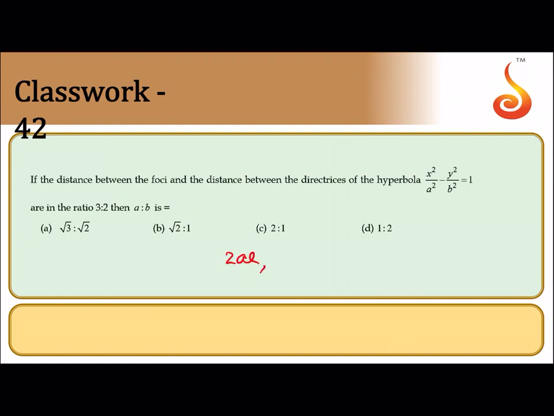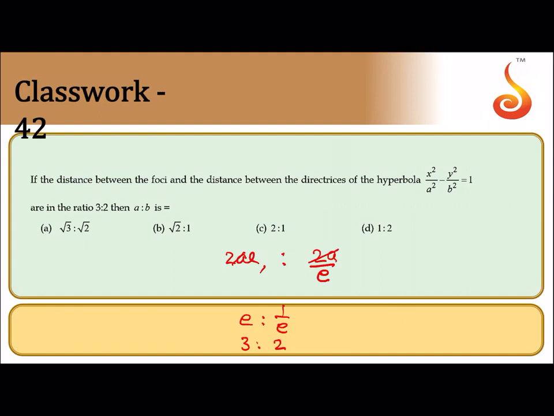The distance between the foci and the distance between the directrices are in the ratio 3:2. The distance between the foci is 2ae and the distance between the directrices is 2a by e. This ratio is given to you, so you can calculate: 2a, a will cancel, e is to 1 by e.